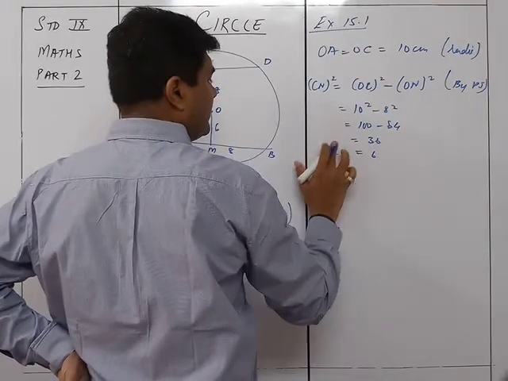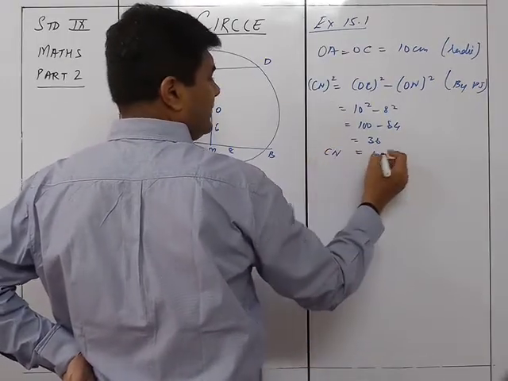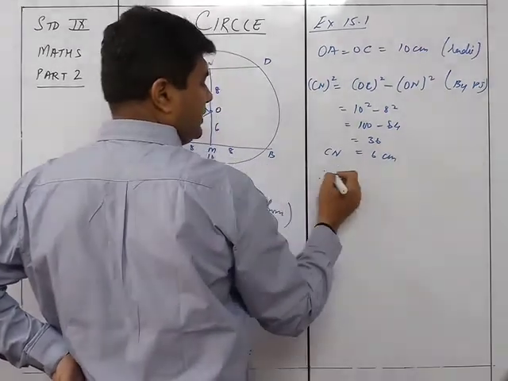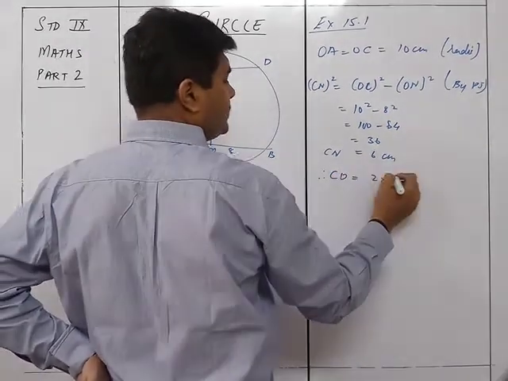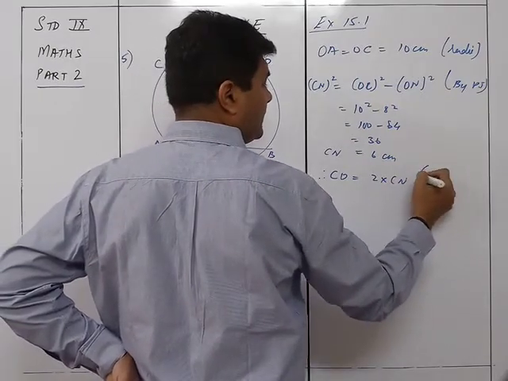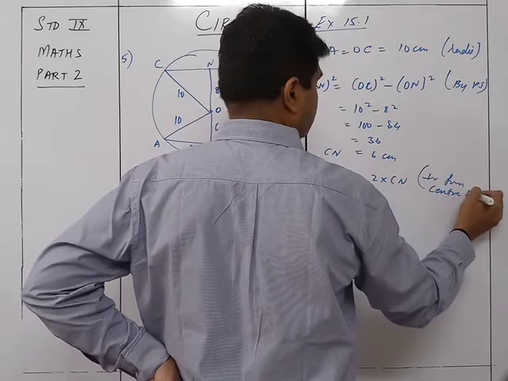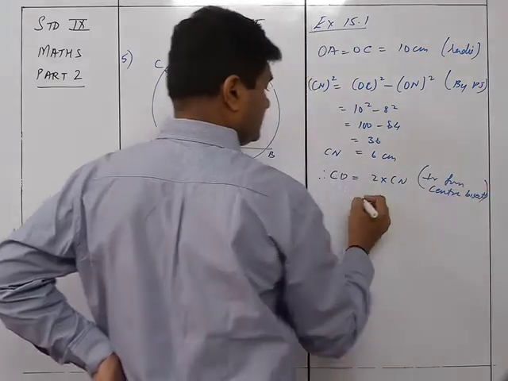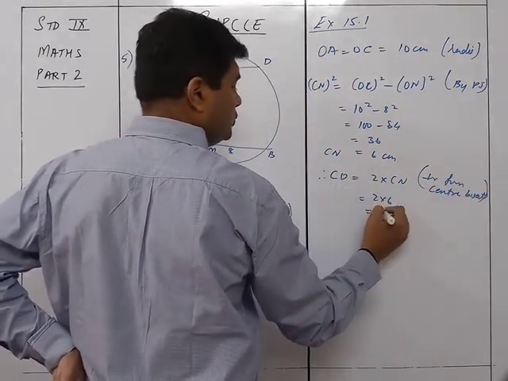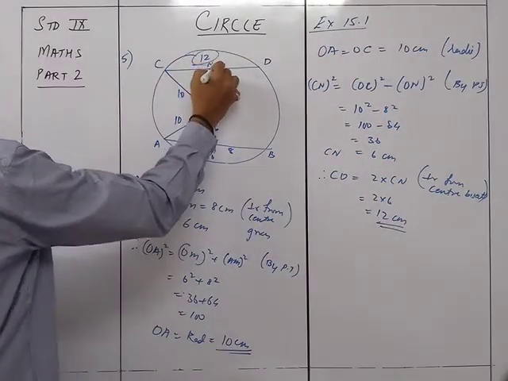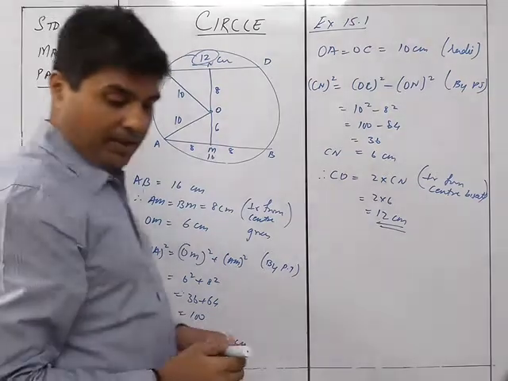Therefore, CD is equal to 2 into CN because the perpendicular from the center bisects the chord. So 2 into 6 is equal to 12 centimeters. So CD is 12 centimeters over here.